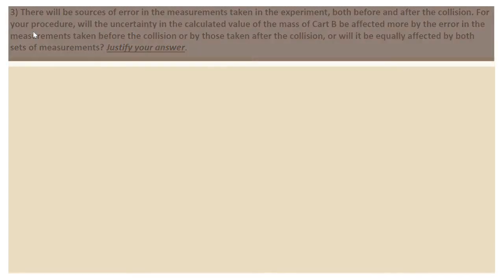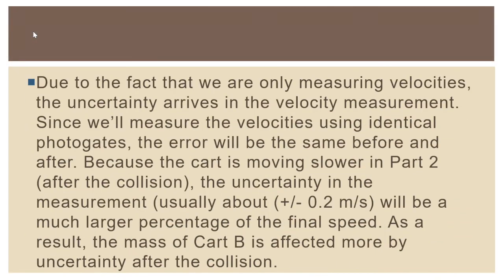All right, the answer here is pretty straightforward. After the collision is our answer. Due to the fact that we are only measuring velocities, the uncertainty arrives in the velocity measurement. Since we'll measure the velocities using identical photo gates or motion sensors, the uncertainty will be the same before and after.